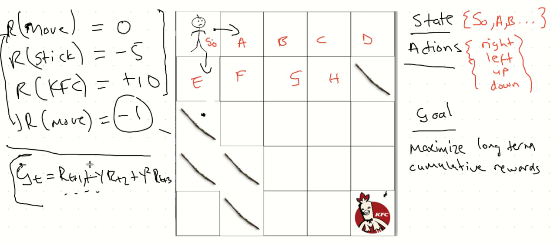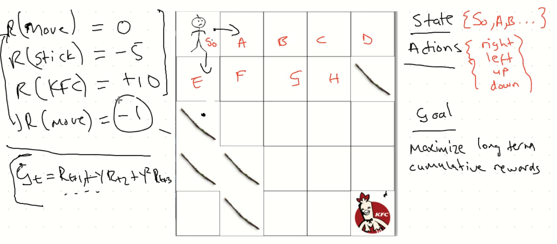So we have this kind of definition, okay? You have a basic understanding of this environment. To reiterate, you are in a state, and these are the possible states you could end up in, and these are the actions you can take, and this is the goal, and this is the return, and these are the rewards you can get.